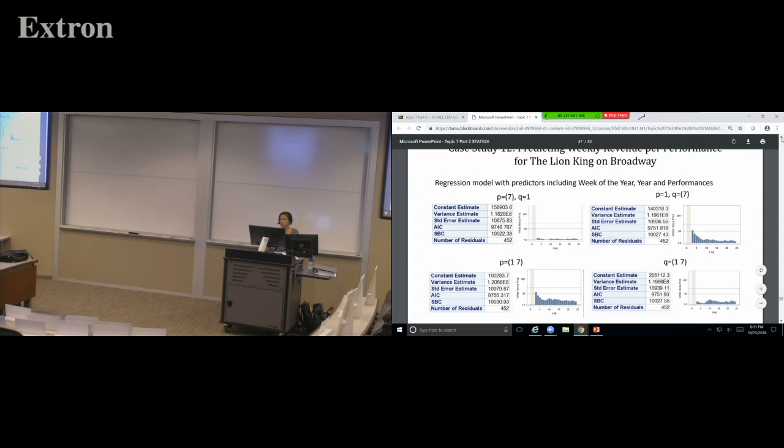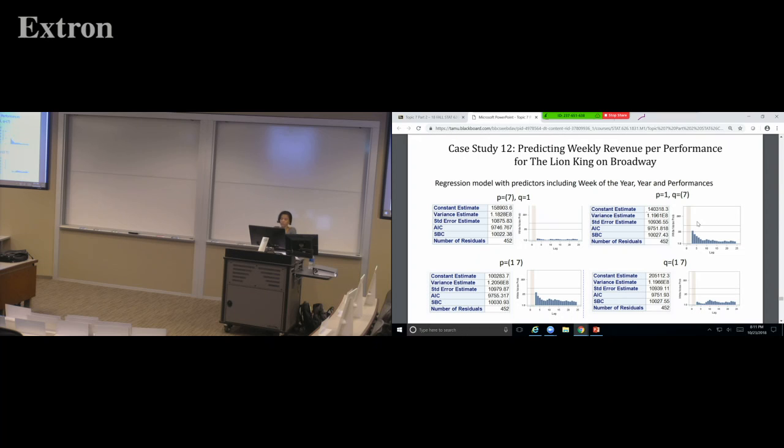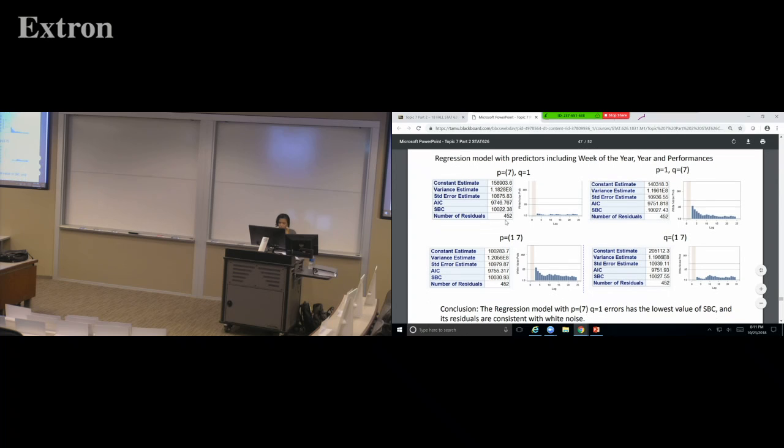All right, so this is an examination of the output from the regression of all 4 of these proposed models for the errors. When you look at the proposed model for the errors, the goal is to get a valid model. When you look at this output, only 2 of them show us valid models. The regression model with seasonal P equal to 7 and Q equal to 1 has residuals that are white noise.